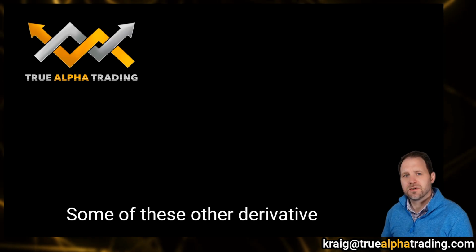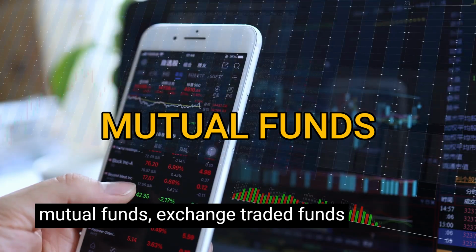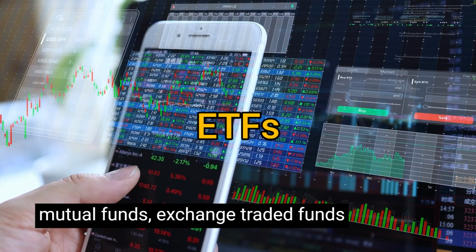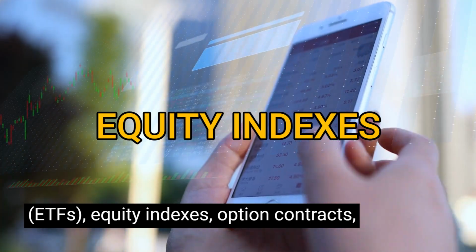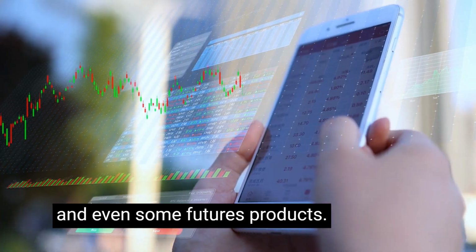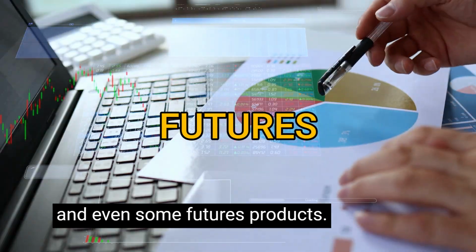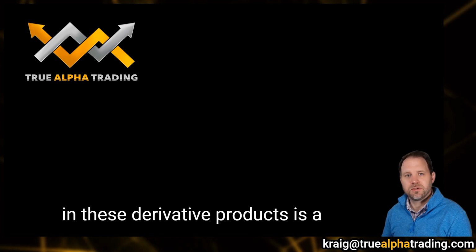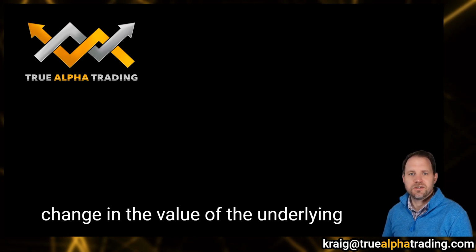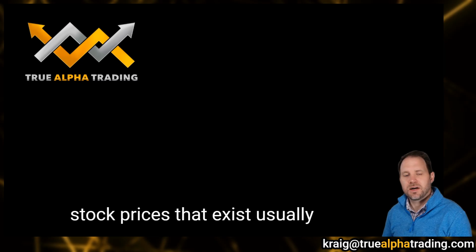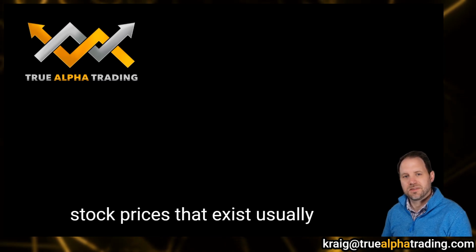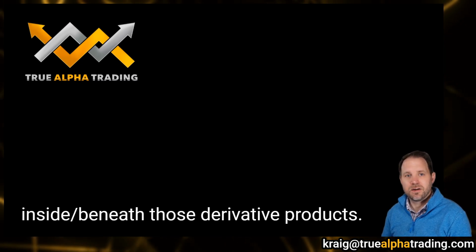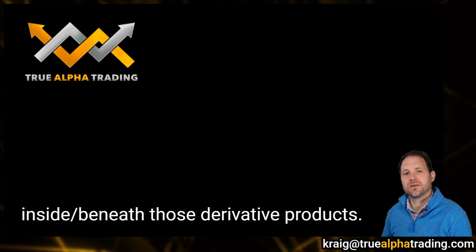Some of these derivative products are things like mutual funds, exchange traded funds, equity indexes, option contracts, and even some futures products. The main thing that drives change in these derivative products is a change in the value of the underlying stock prices that exist usually inside or beneath those products.